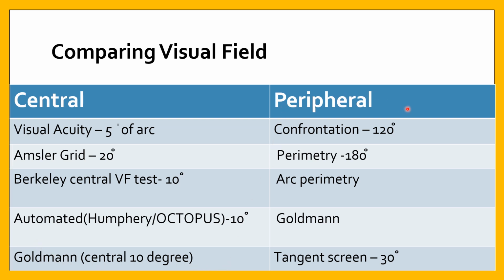In the peripheral visual field, there is confrontation, arc perimetry, Goldmann, and the tangent screen measures up to 30 degrees, but we are going to discuss the central also up to 10 degrees of visual field.